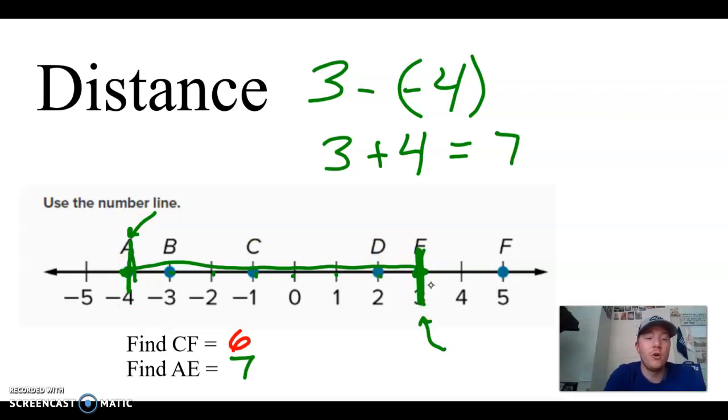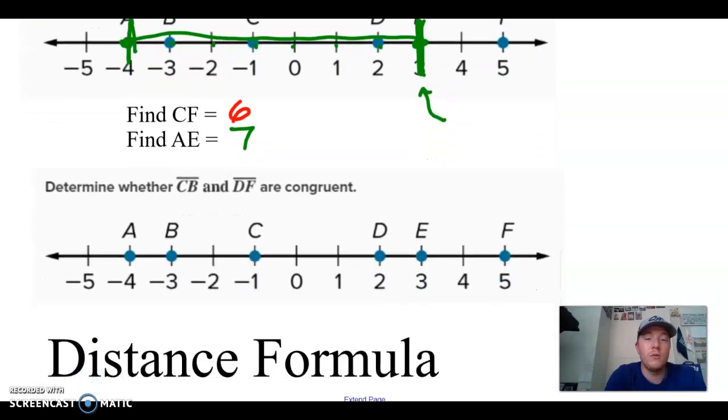Okay, so we scroll down here to determine if they are congruent. So you're going to be asked to use this distance idea to prove different things. Congruent, again, means equal or the same. So are those 2 segments, line segment CB and line segment DF, are those 2 segments the same length?